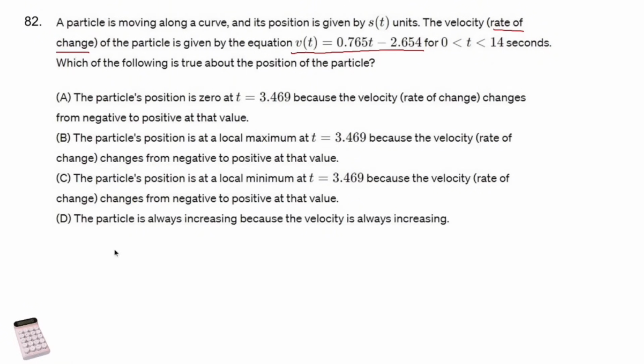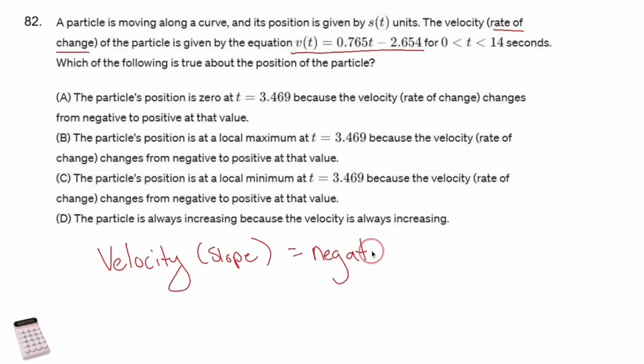So we have to understand that if the velocity, also known as the rate of change, also known as the slope, is negative, that means its position has a negative slope and its position is going down. Now, what that means with a particle is a particle can go up, down, what we don't know.